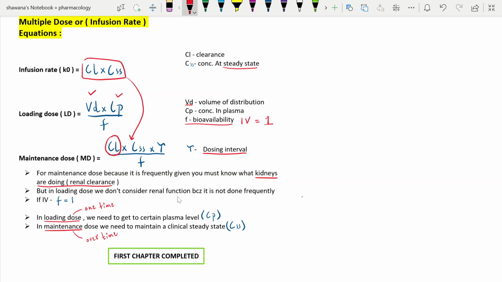But a loading dose is given one time, and in such cases renal clearance is not of such importance, and we do not consider renal clearance in the case of the loading dose.